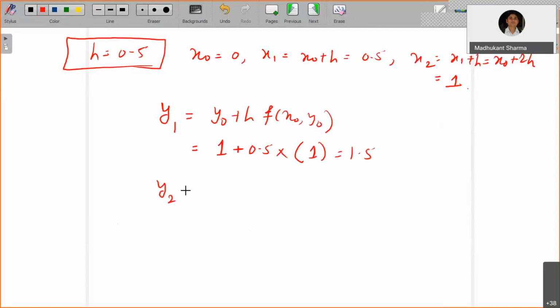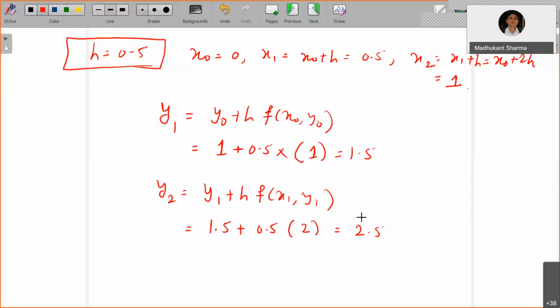And y2 is y1 plus h times f of x1 comma y1 by Euler's method. y1 is 1.5, h is 0.5, times x1 plus y1. x1 is 0.5, plus 1.5 is 2. Right? So that's going to be 2.5.